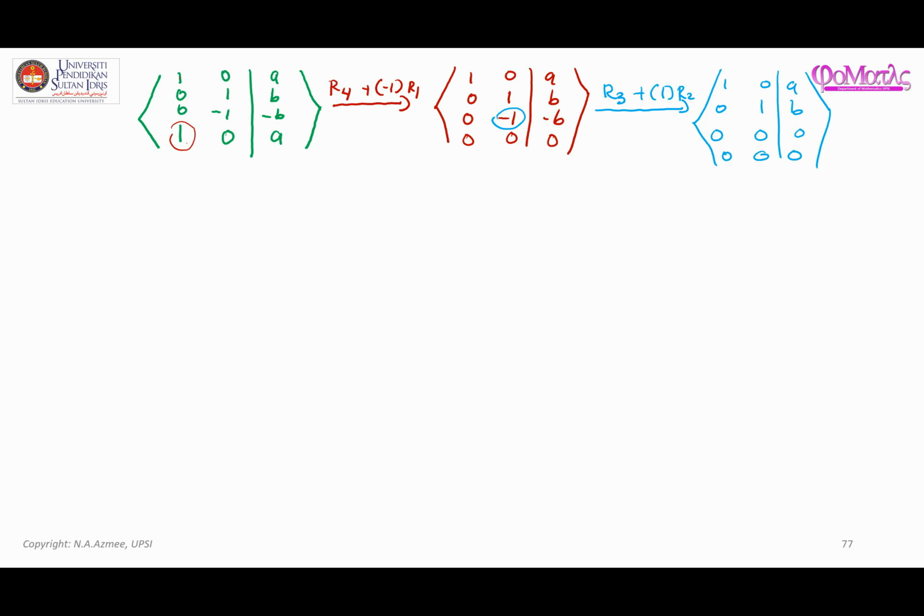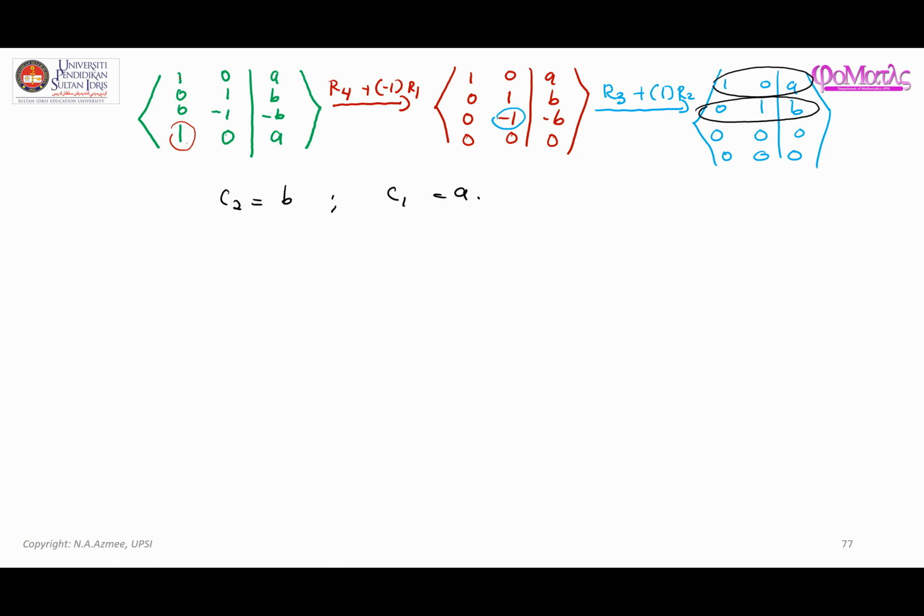We have come to the simplest form of the augmented matrix, where you can clearly see that the value of C2 equals B, and the value of C1 equals A.